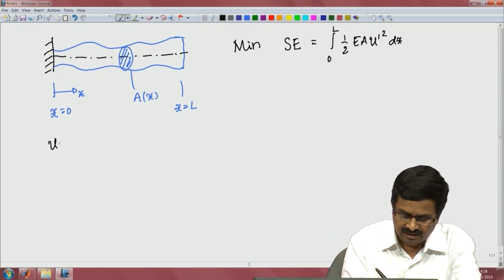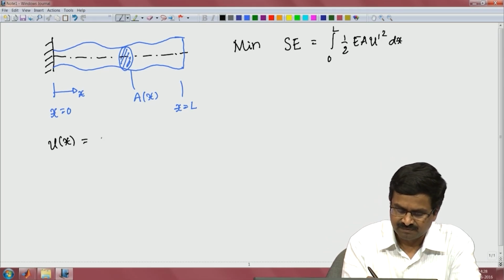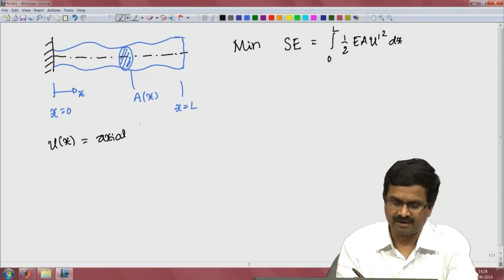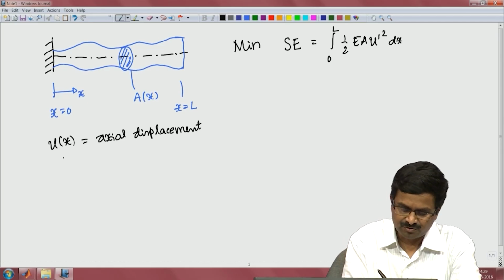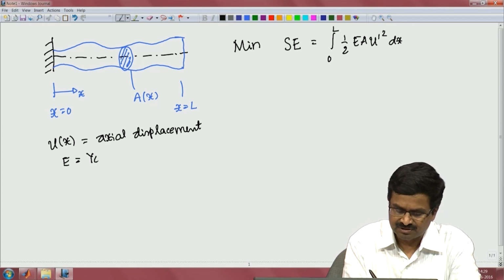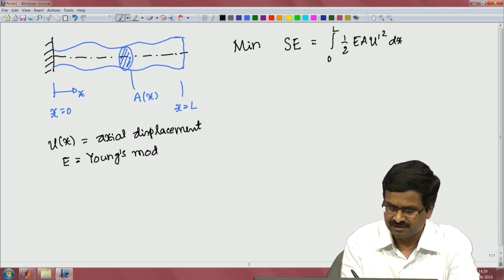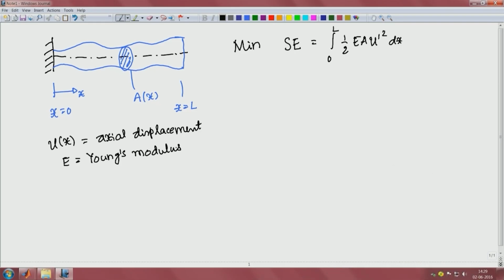Let us recall that u of x is the axial displacement when there is a force applied on the bar, and of course E is the Young's modulus of the material, that is the stress strain relationship, and A of x is the area of cross section, which is our design variable.